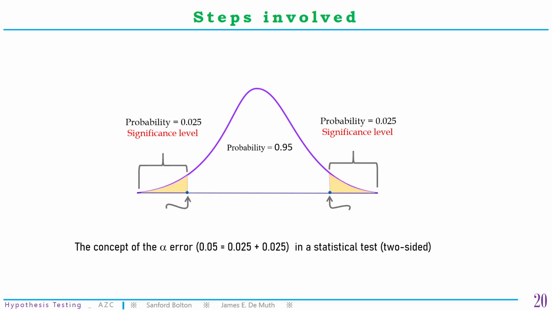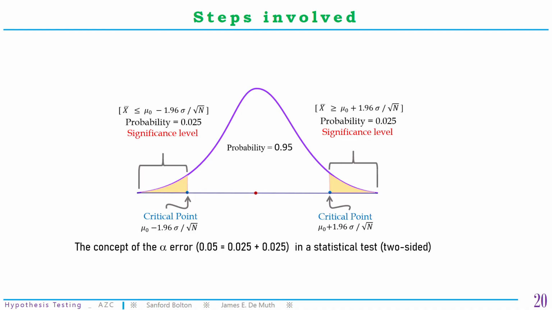Areas of both tails of the curve show the significance level. Significance level is also recognized as critical region or critical level. The point from which the significance level starts on both sides is called the critical point or critical values.